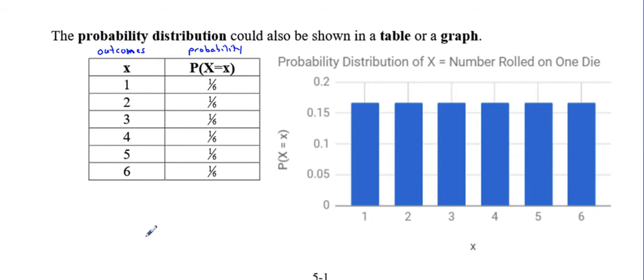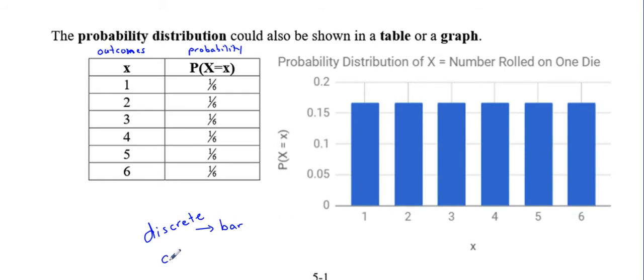Now, this data is discrete because you can only roll a 1, 2, 3, 4, 5, 6. You can't roll a 1.5. You can't roll a 1.24. So if it's discrete, then you can use a bar graph.